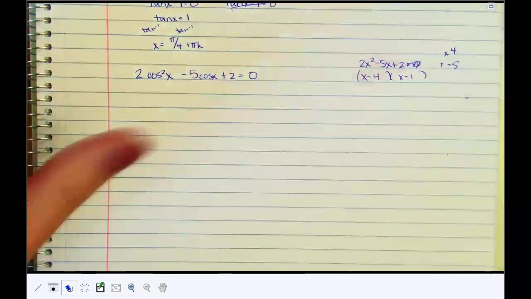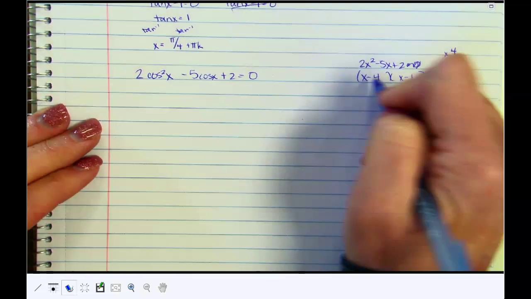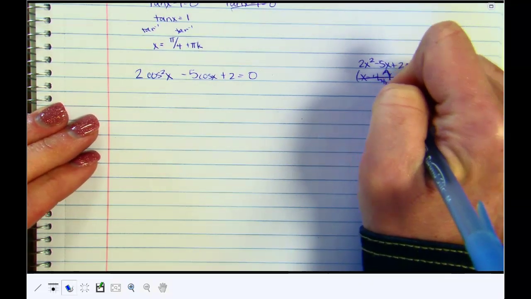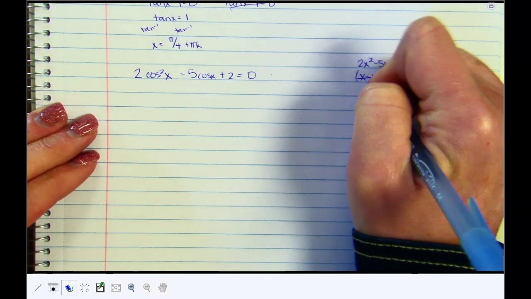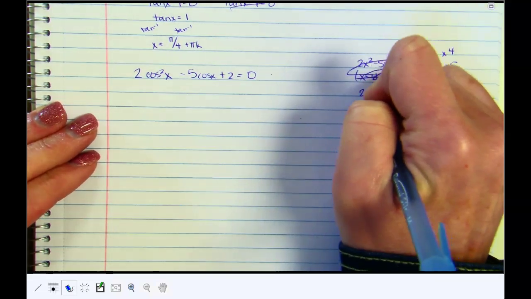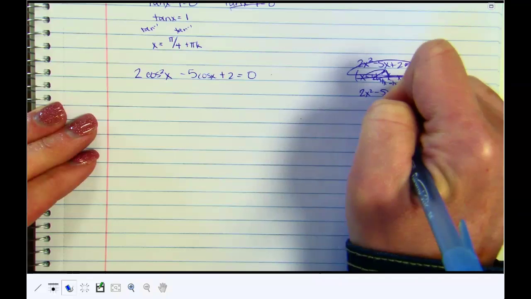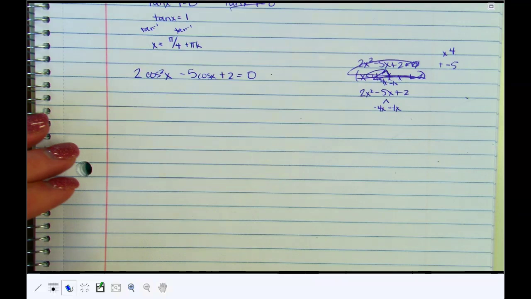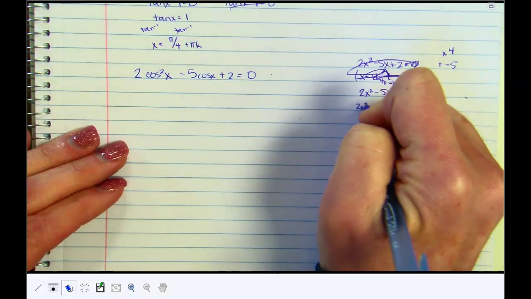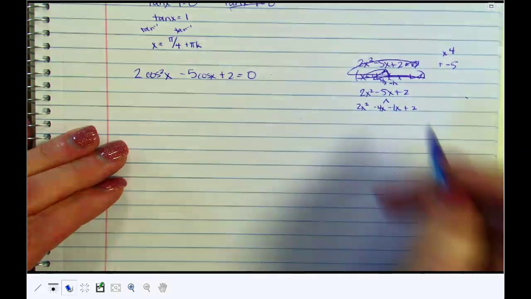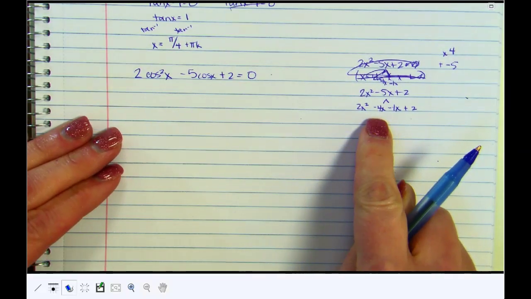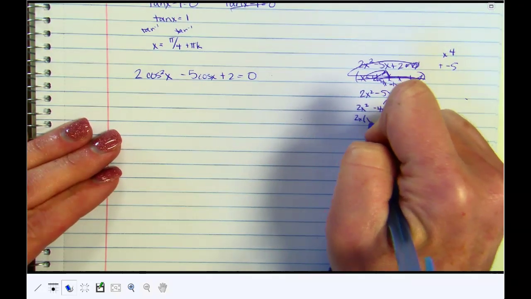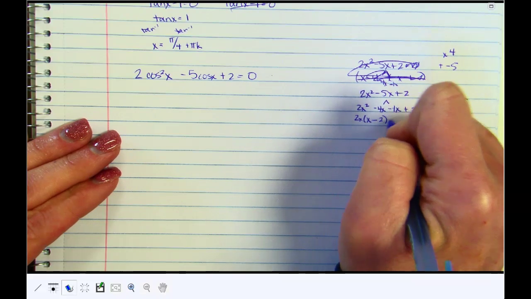So bring that back over here. I did that wrong, sorry. This is negative 4x, and this is negative 1x. So it's 2x squared minus 5x plus 2, which gets broken into negative 4x, negative 1x. So 2x squared and x plus 2. What are you going to pull out of the first piece? 2x, and then you've got x minus 2.